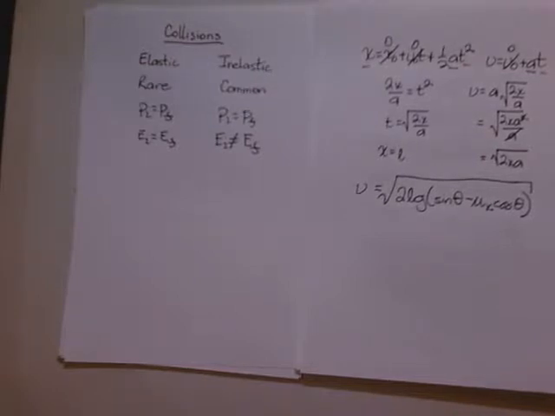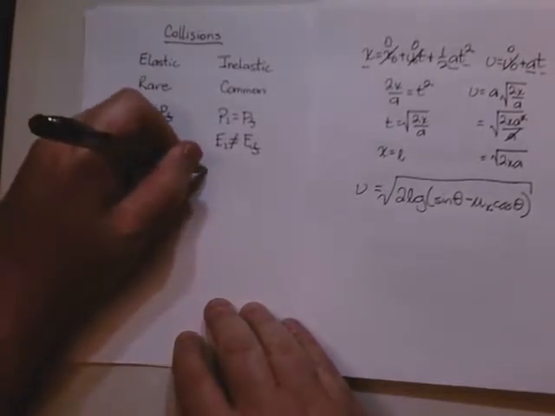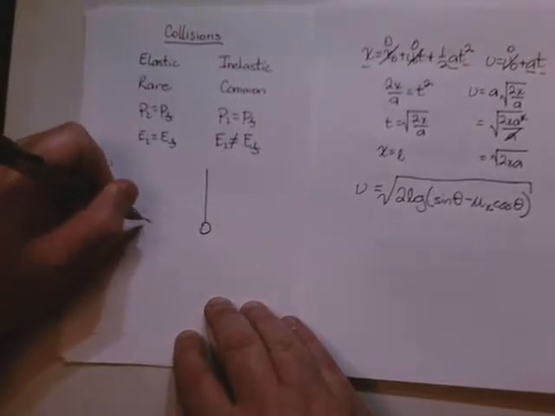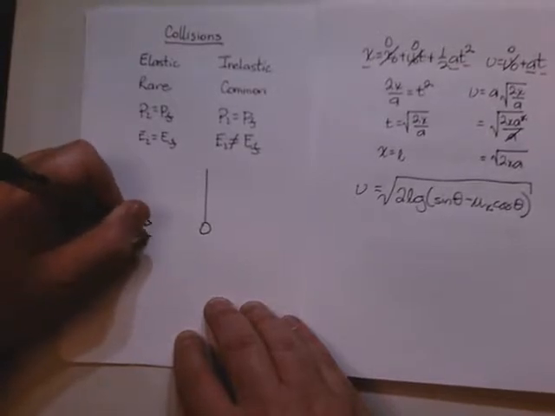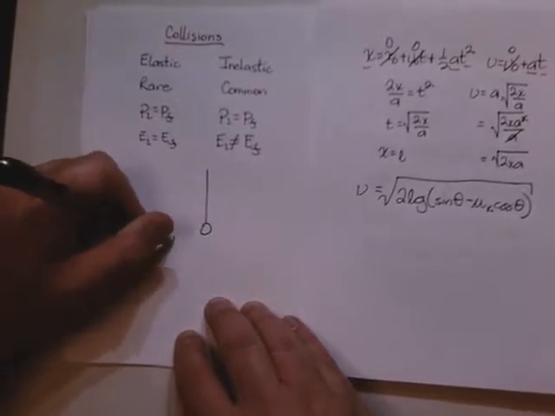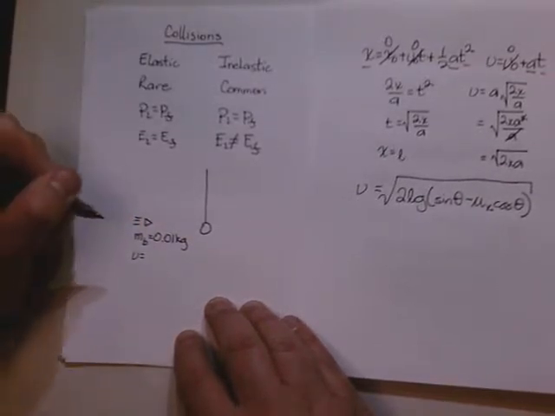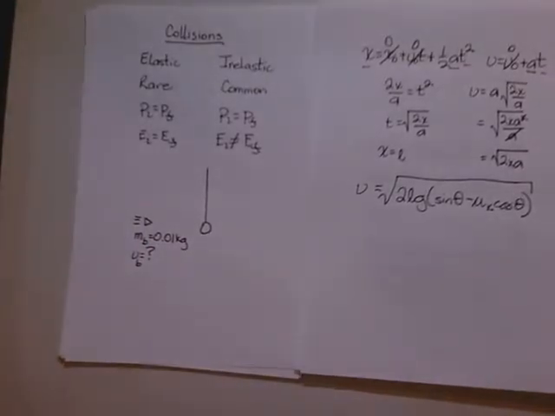Now, a very simple problem that we could do for inelastic collision is the lab experiment that we did. You have a bullet. The mass of the bullet is 0.01 kilograms, and it's moving at an unknown velocity, and we're going to be looking for that velocity.